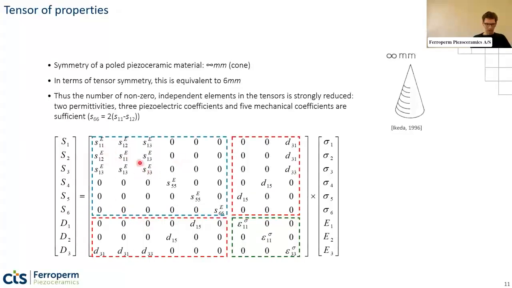As I said, you have the material properties in this big matrix, and you see this is the mechanical part with this S tensor, which is called the compliance tensor, and the piezoelectric part is in the red squares, or in the red rectangles. That's the D coefficients, and finally you have the purely dielectric behavior shown here with the epsilon values, the relative permittivities.